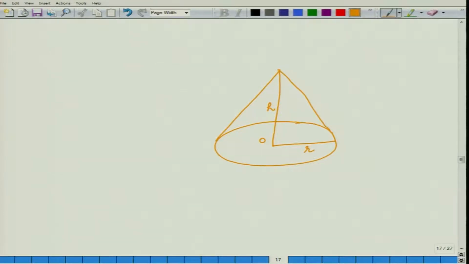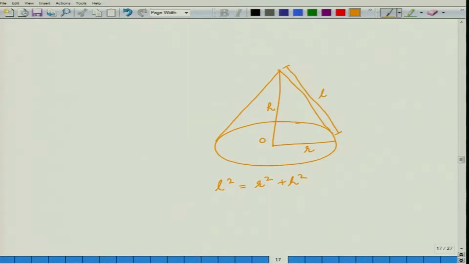If the height of the figure is h and the base has a radius of r, then we can find out the slant height. Slant height is this length, given by L. L can be very easily figured out by using the Pythagoras theorem: L square equals r square plus h square.